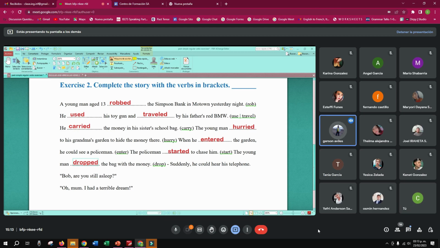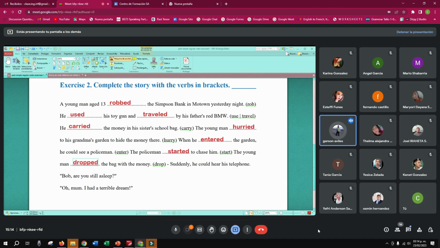Young man robbed a bank yesterday night. He used his toy gun and traveled in his father's red BMW. He carried the money in his sister's school bag. The young man hurried to his grandmother's garden to hide there.